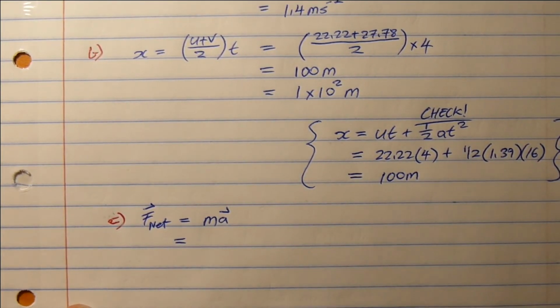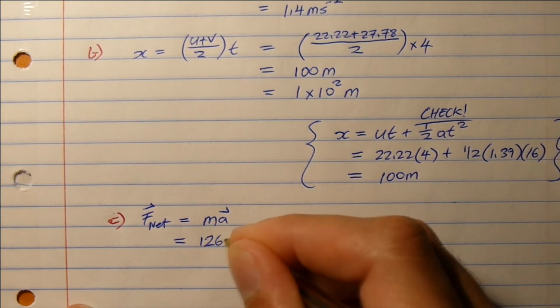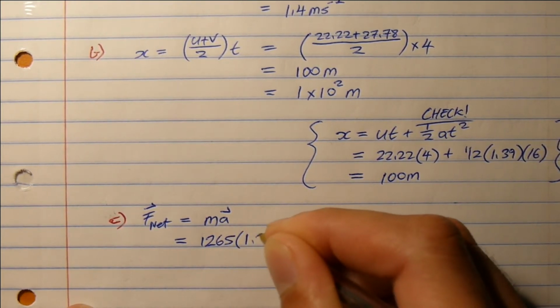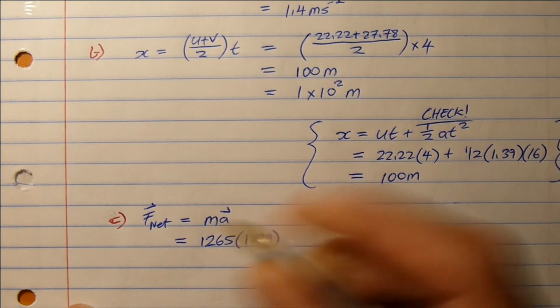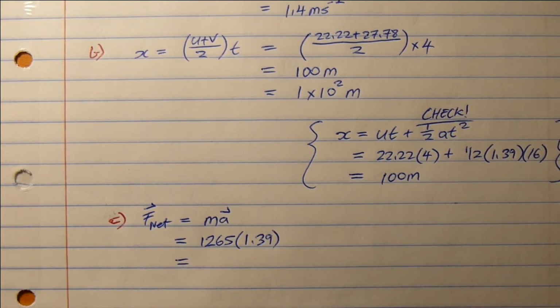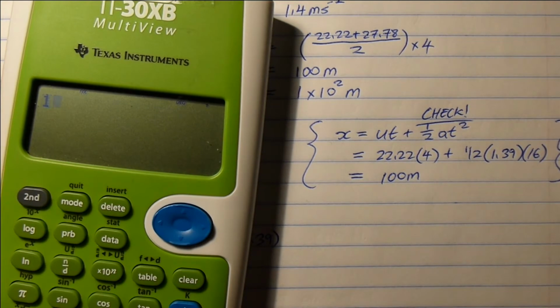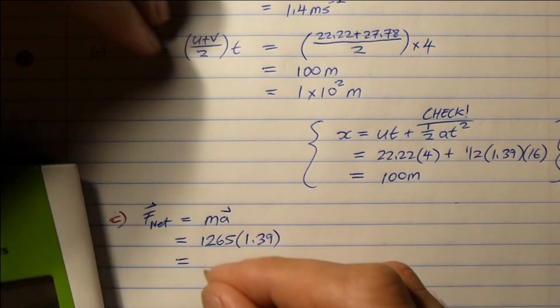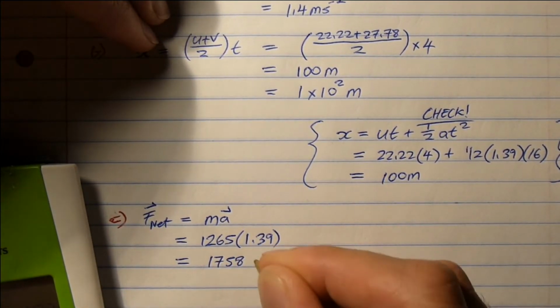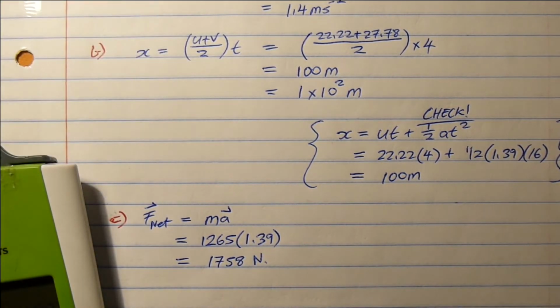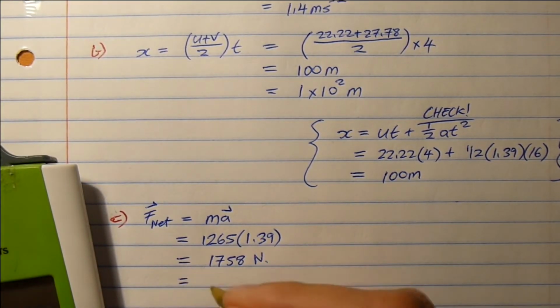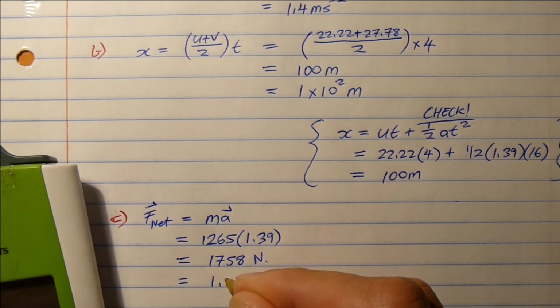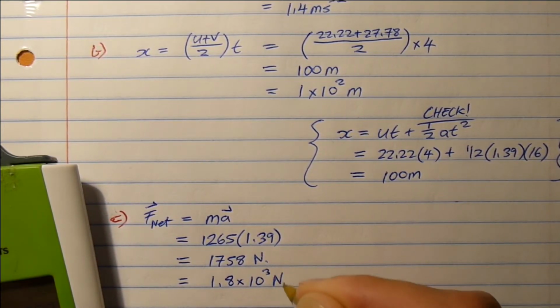Here we use the total mass of the driver and the car, which is 1265, multiplied by the acceleration that I just worked out previously. 1265 times 1.39, 1758. Now again, rounding this to two significant figures, it would be 1.8 by 10 to the 3 newtons.